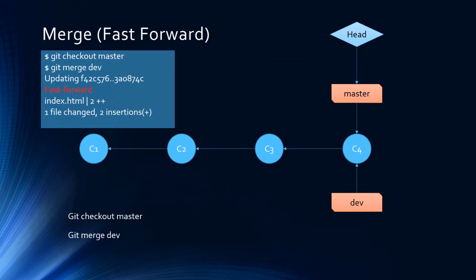To phrase that another way, when you try to merge one commit with a commit that can be reached by following the first commit's history, Git simplifies things by moving the pointer forward because there is no divergent work to merge together. This is called a fast forward.